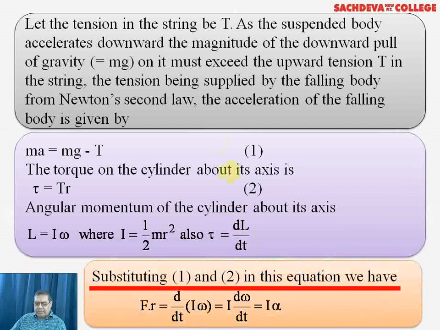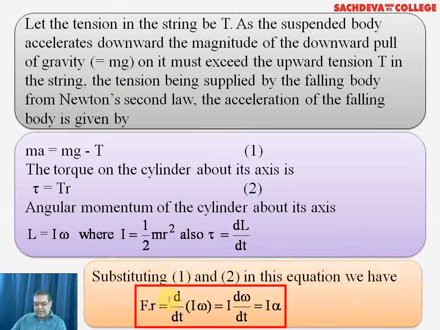Now substituting 1 and 2 in this equation, finally we get TR, that is tau, equal to d over dt of I omega. That is basically T into R is d over dt of I omega. I is taken out as a constant, and we have I into d omega over dt, where d omega over dt is replaced by alpha.